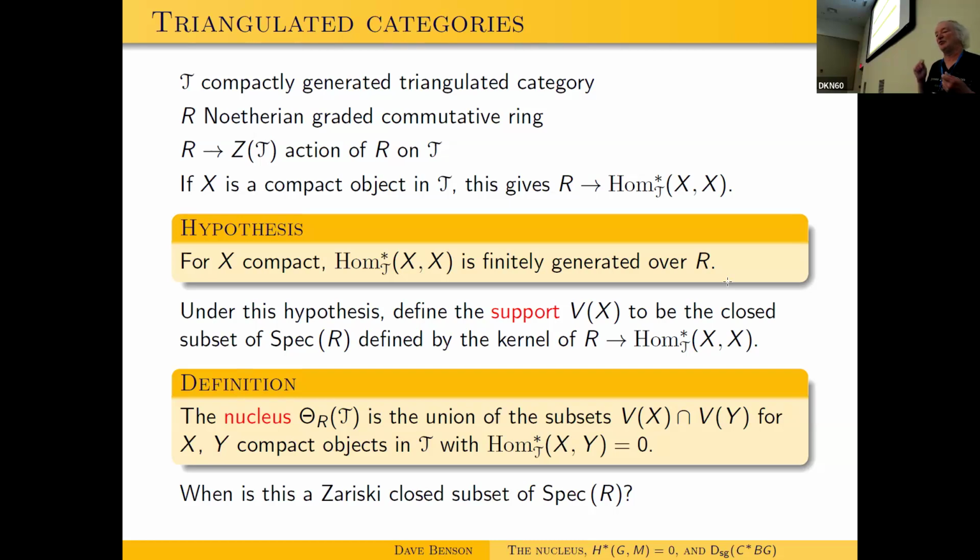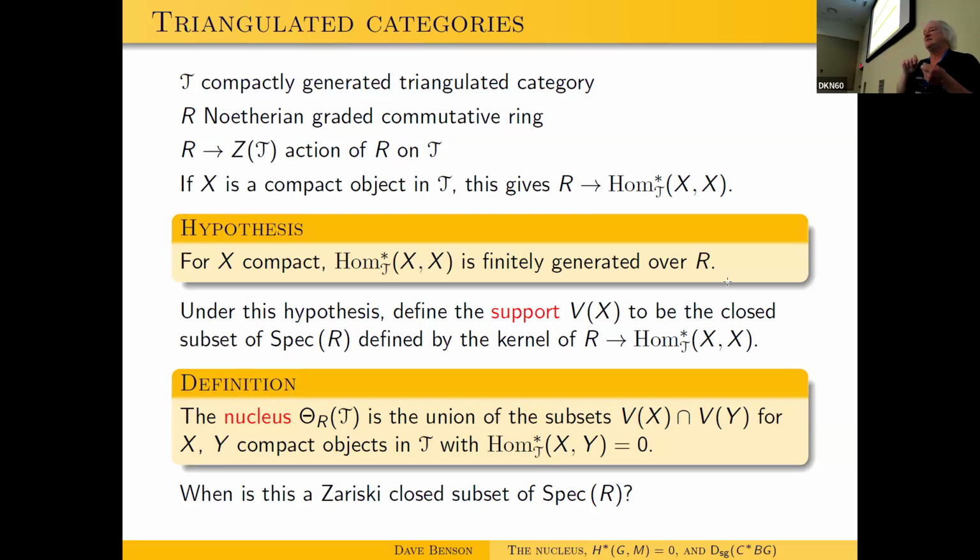But these form a graded ring, and it's in fact always graded commutative. So you've got a map from this graded commutative Noetherian ring to the center. The center need not be Noetherian. For example, in the stable module category, the center is not Noetherian. It's in fact huge and not Noetherian, much bigger than the cohomology. But you've got some sort of central action.